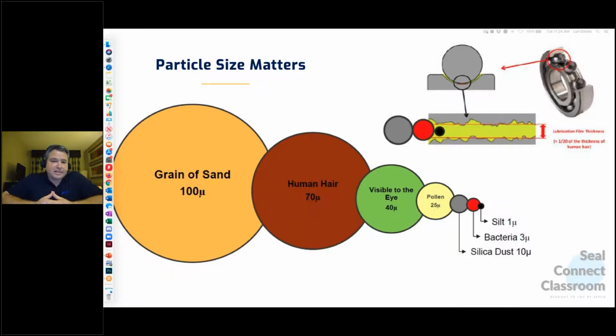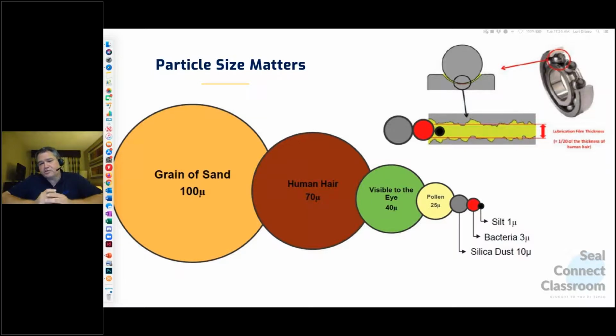So this slide is just a visual representation. And what I want to point out here is that if you center in on the green dot, that's 40 microns. That's representing the smallest particle that we can typically see with our eyes without any assistance or magnification.